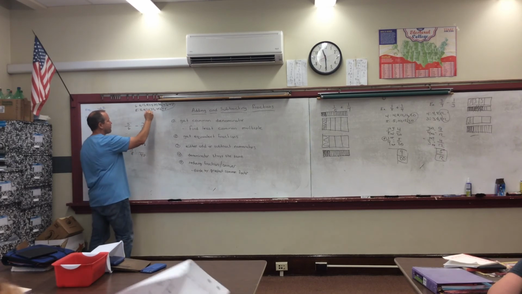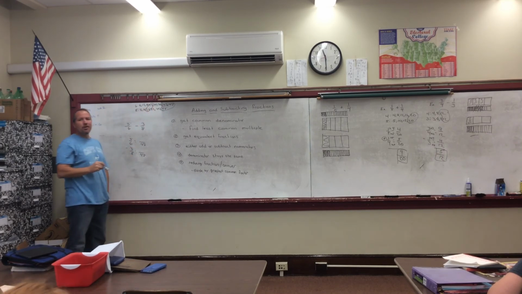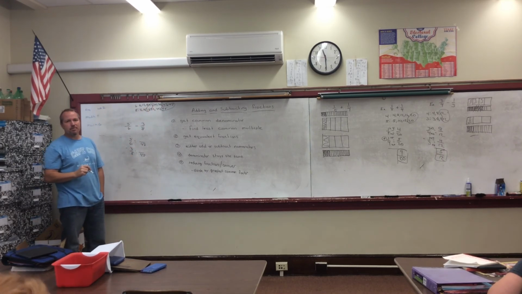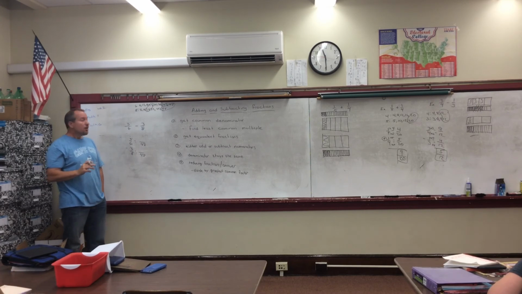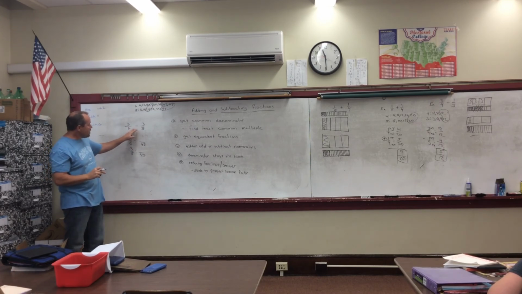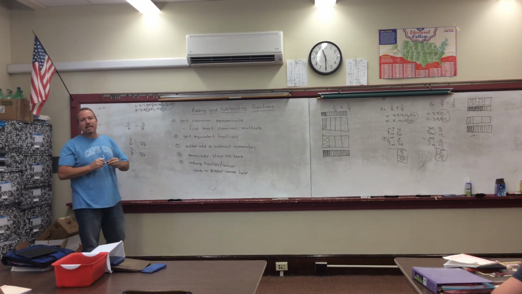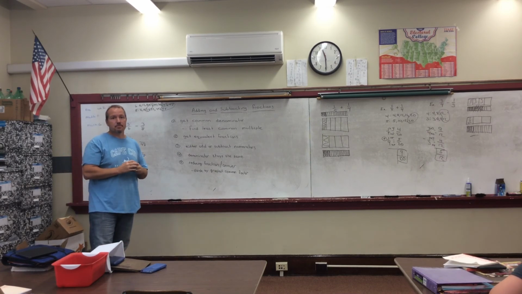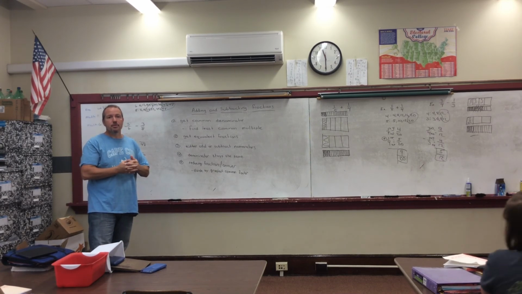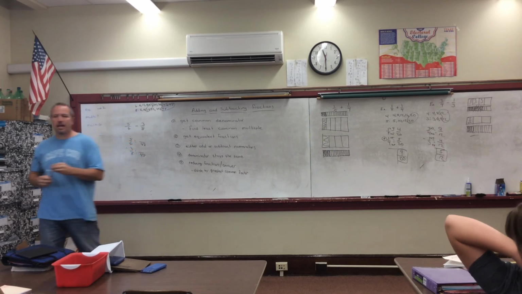However, 24 is the least common multiple. So like I said, if you multiply them together, it will give you a common multiple, but it may not always be the least common multiple. Okay? Okay, let's get your boards out and practice.